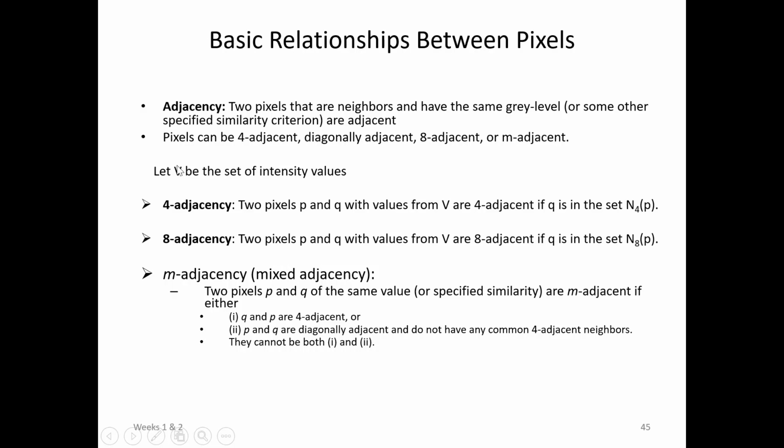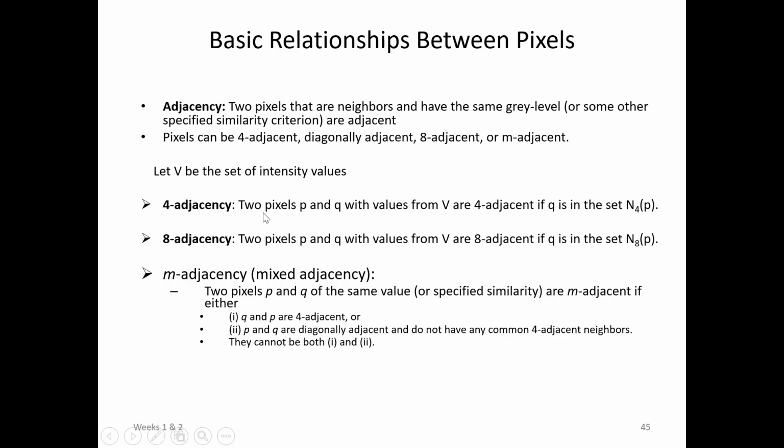V is a set where some intensity values are given to you. So only those pixels are adjacent where both values of P and Q lie under this V set.